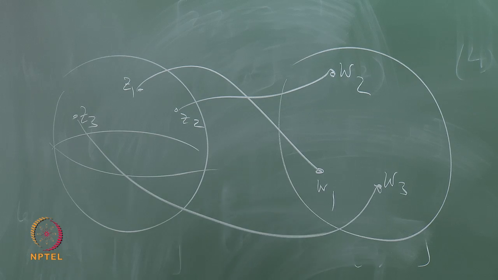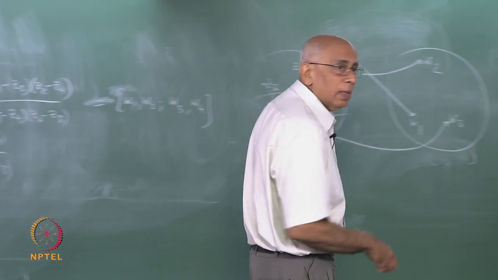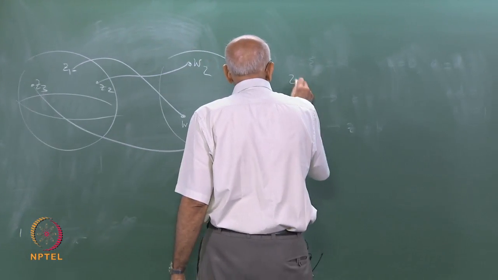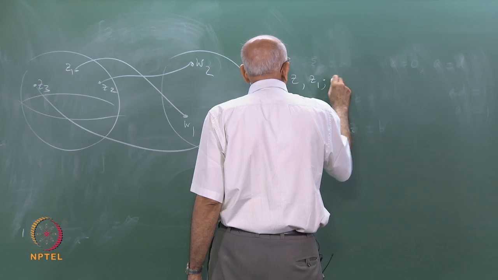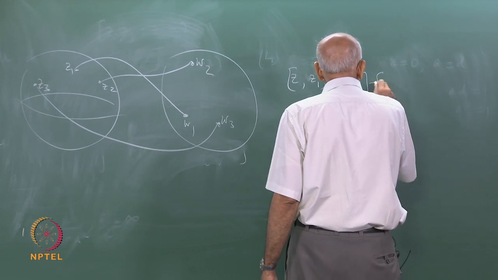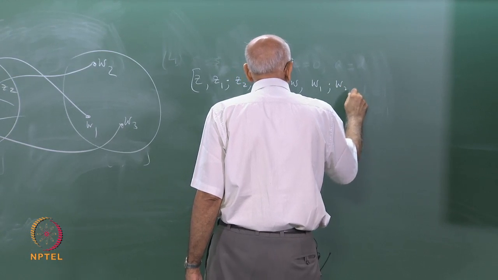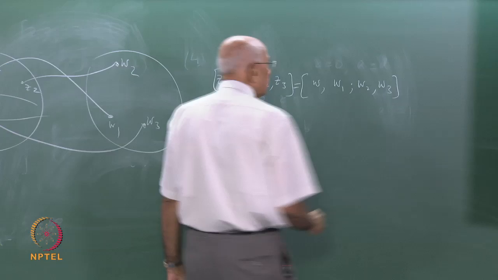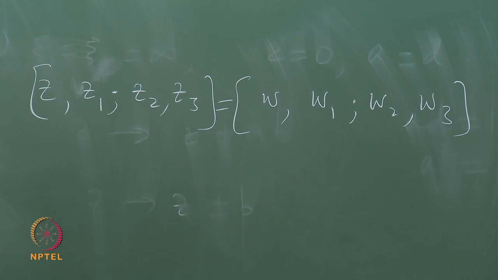And the way to prove this is to explicitly construct this transformation, and you construct it by considering the following cross ratio: (Z, Z1, Z2, Z3), and I know that this is equal to (W, W1, W2, W3). I know this has to be true under this transformation, right?